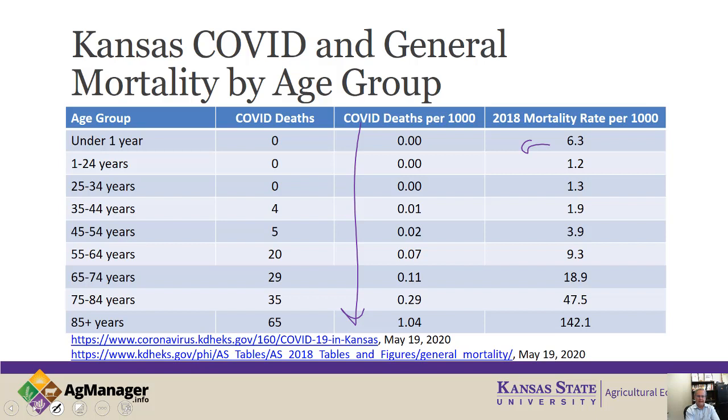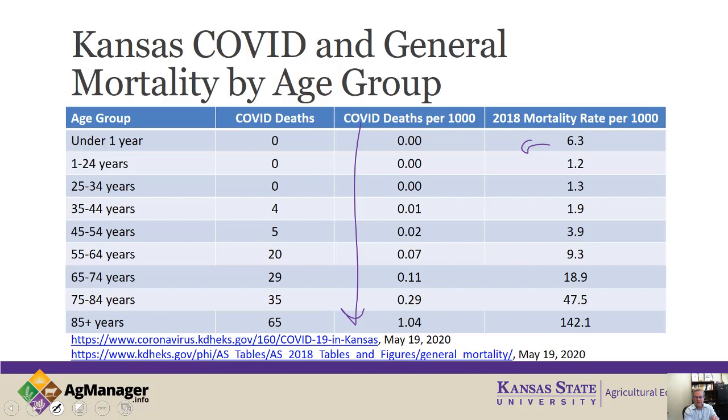But again, so far in Kansas, and this has been roughly a 2-month period, if you wanted to, you could multiply each of these numbers by 6. But essentially, you can see that the deaths per 1,000 from the coronavirus are substantially less than the mortality rate for the state as a whole.